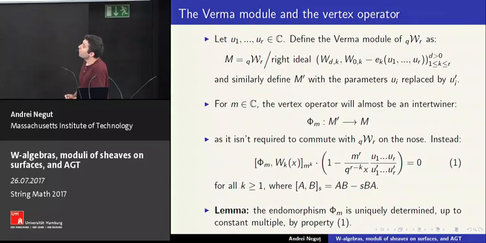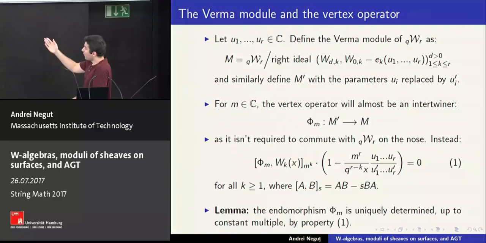well, wk is infinite in both directions. So I'm not really sure how to make sense out of it. And actually, a commutator on the nose is not equal to 0. If you set the property that a commutator on the nose be equal to 0, then you overdetermine the vertex operator phi, and it will not exist.